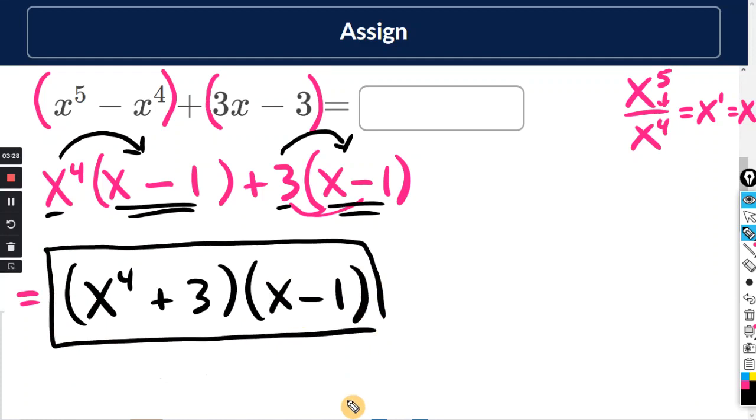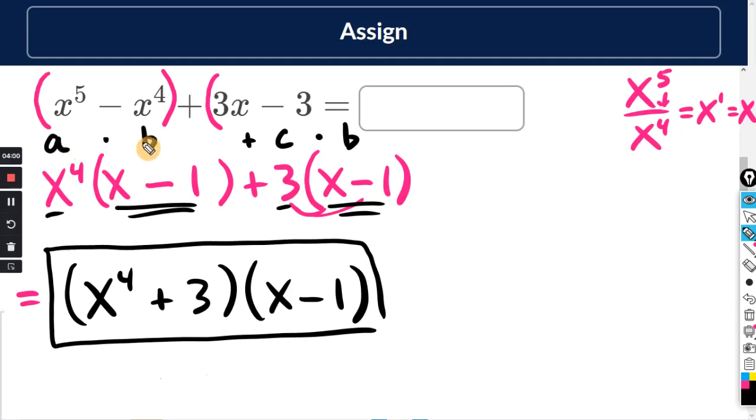Okay, if you don't see what I did there, I'll show you with letters. Let's say, for the sake of argument, the x to the 4th was a, and the x minus 1 was b. So we have a times b. We have a plus sign. Let's say the 3 was c, and again, x minus 1 is b, so we have c times b.